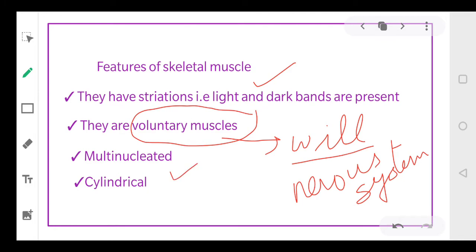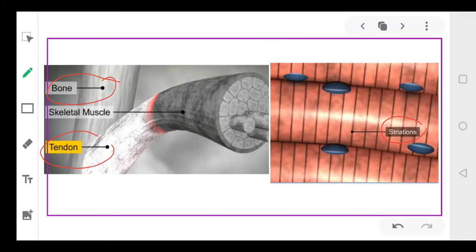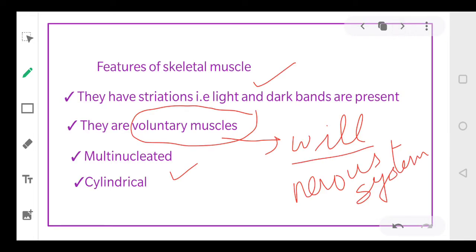They are multinucleated. As you can see, there are many nuclei present in these muscles. They are cylindrical in shape, and they have light and dark bands. These muscles are called voluntary muscles because they move according to our will.